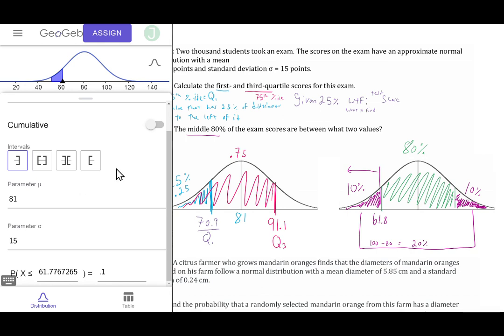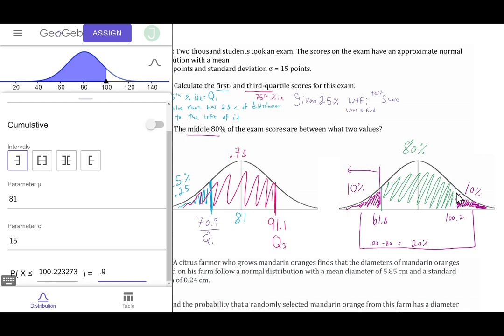Now we could find the area to the right being 0.10 and just type in 0.1 to find the upper value. We'll get 100.22 or 100.2. Or we could also use the left shaded area and make this 0.9. Either way, we're going to get the same 100.2.